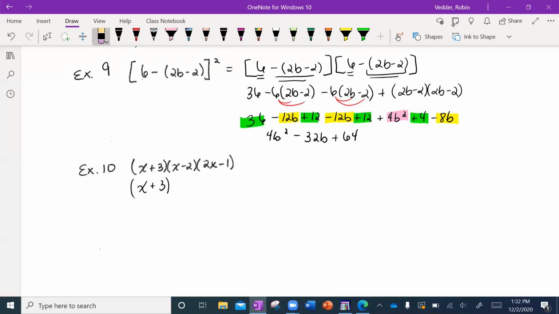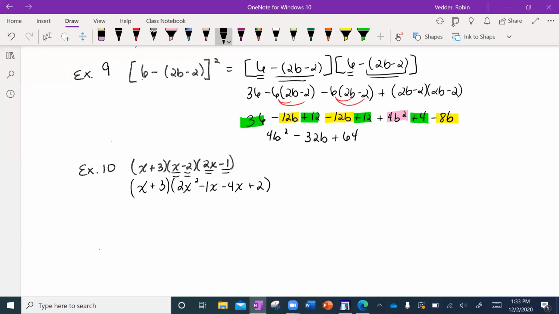So if we FOIL these together, x times 2x is 2x squared. If we do the outside, x times -1 is -1x. For the inside, -2 times 2x is -4x. And for the last, -2 times -1 is a +2.